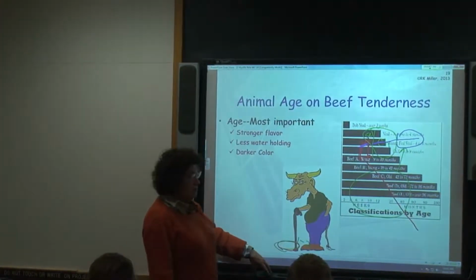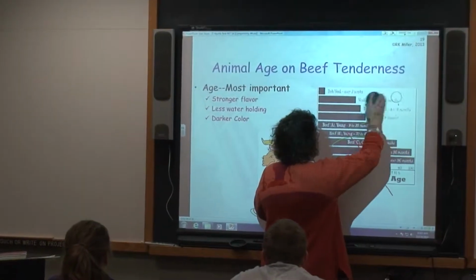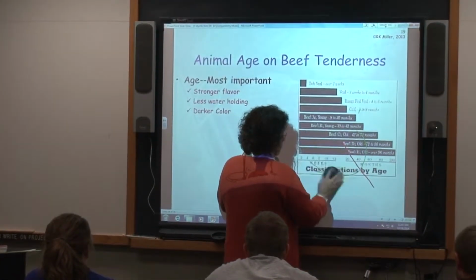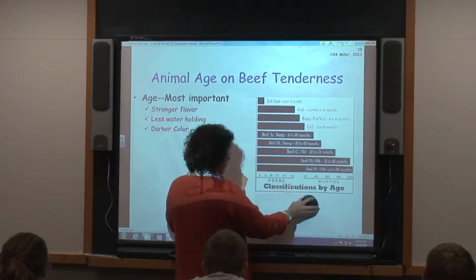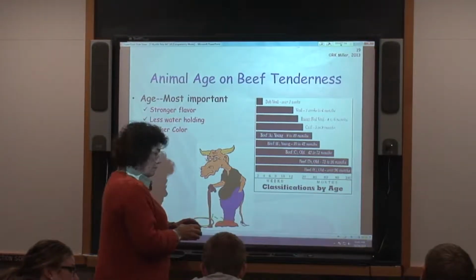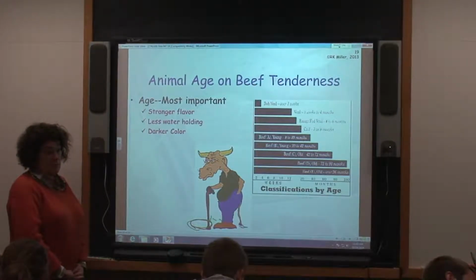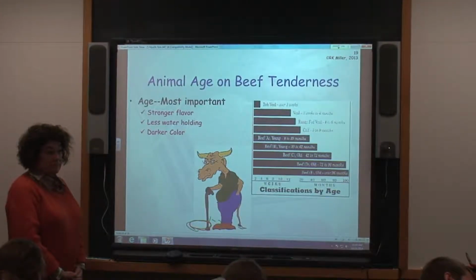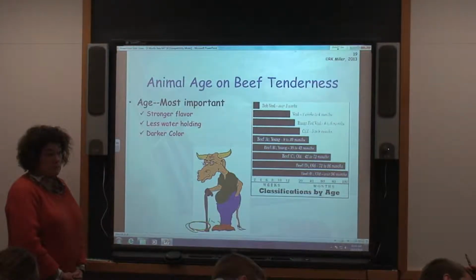Yes, Mark. Is there a possibility that the reason that curve past Choice and on up to Prime flattens out so much is because the vast majority, other than certain breeds like the Akaushi and the Wagyu, of the cattle that end up grading Prime are older?